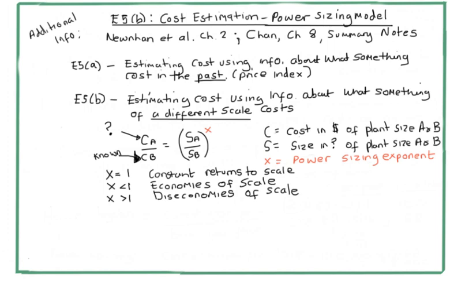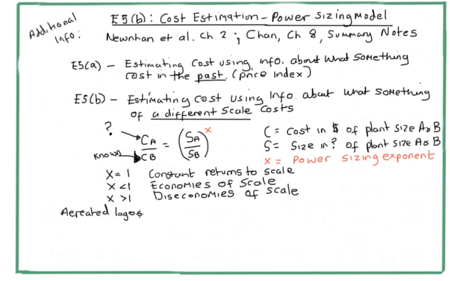One of the textbooks, Noonan et al., has reproduced a very small table of some of these power sizing exponents from various processes. And I thought that for fun, because diseconomies of scale is a little less common, we would use the example of the aerated lagoon. Economists are probably thinking, what on earth is that?